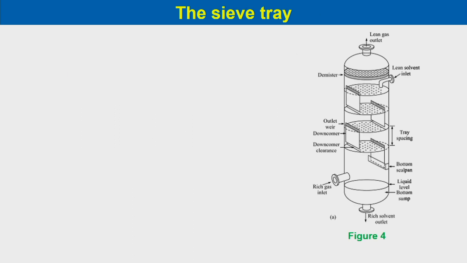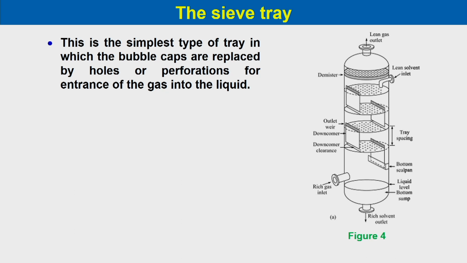Now, we will discuss the sieve tray. In this figure, you can see this is the simplest type of tray in which the bubble caps are replaced by holes or perforations for entrance of the gas into the liquid.